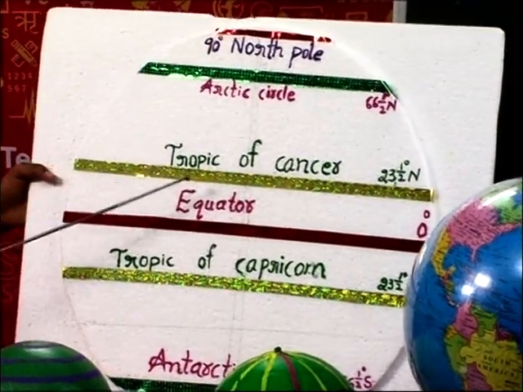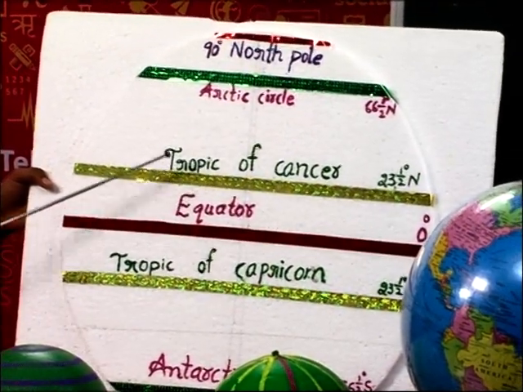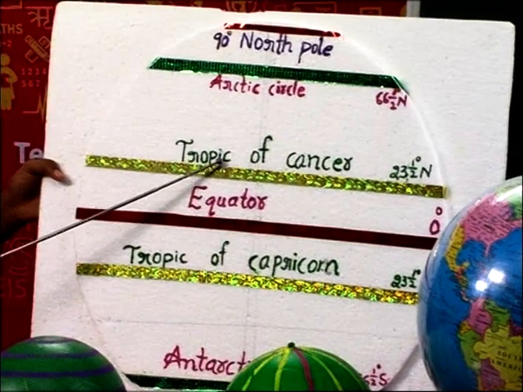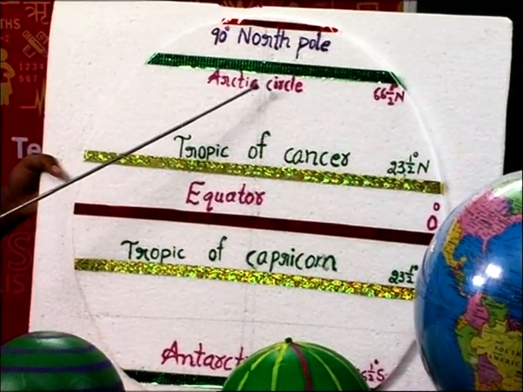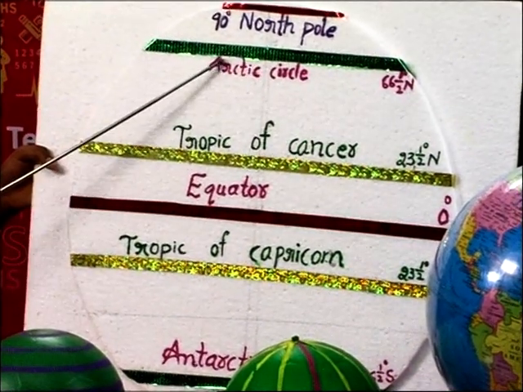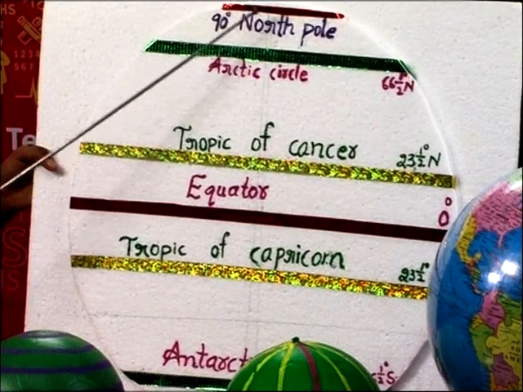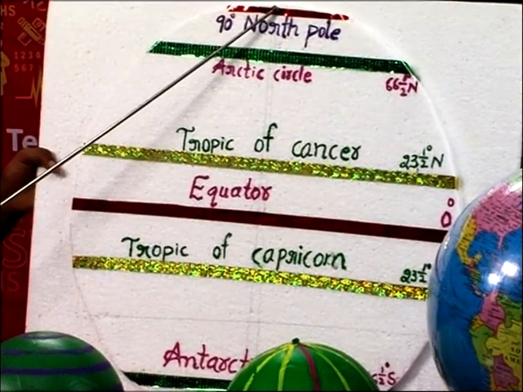Here this is 23½ degrees northern latitude, which is named Tropic of Cancer. Another latitude is 66½ degrees northern latitude, which is named Arctic Circle. And here it is 90 degrees North Pole.